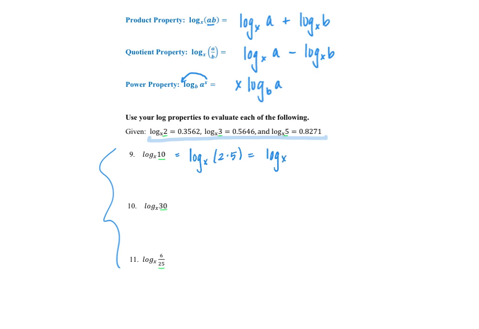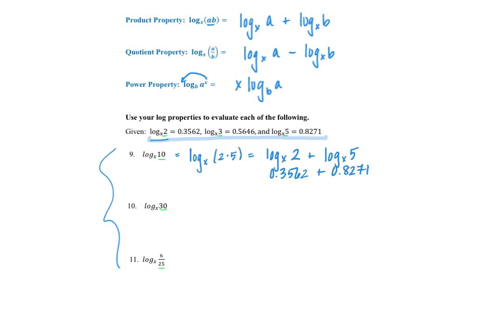So log base x of 2, I'm going to add, because of the product, log base x of 5. And now I can make a substitution. Log base x of 2 is equal to 0.3562. And log base x of 5 is equal to 0.8271.